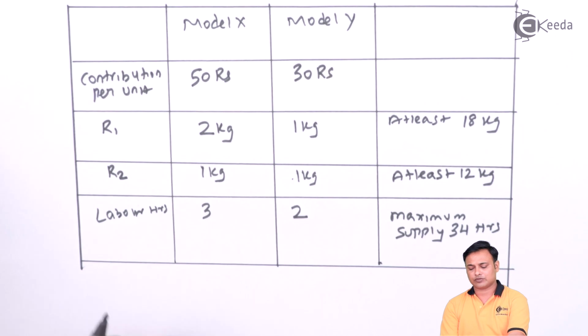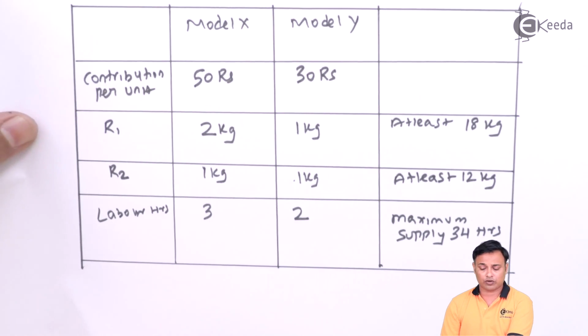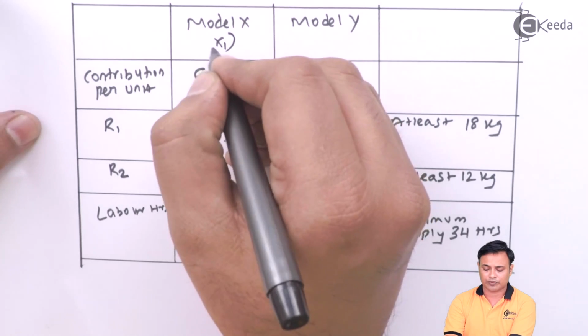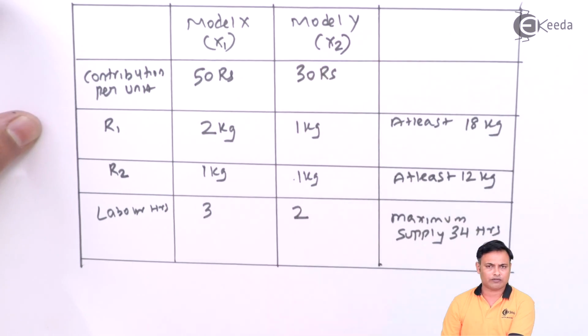My first basic assumption will be how much quantity I am going to make of which model. Model X we will assume x1 and for the model Y we will assume x2.